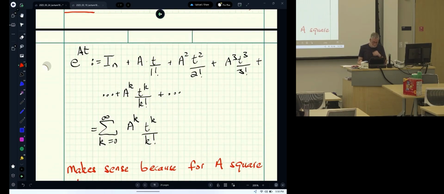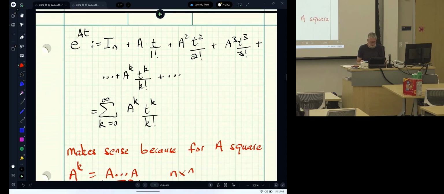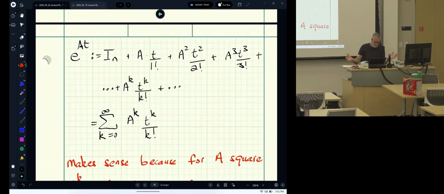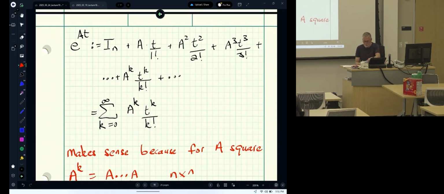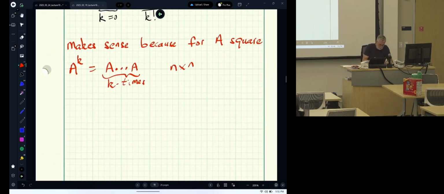So you can compute this series by hand for really simple A, and we'll talk about that, okay? But only for really simple A can you evaluate this by hand. Using software, we can compute it quite handily, as we'll see in just a little bit.